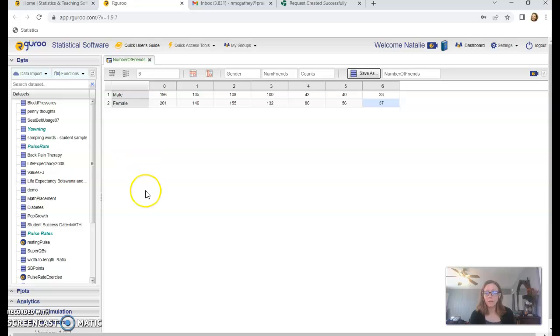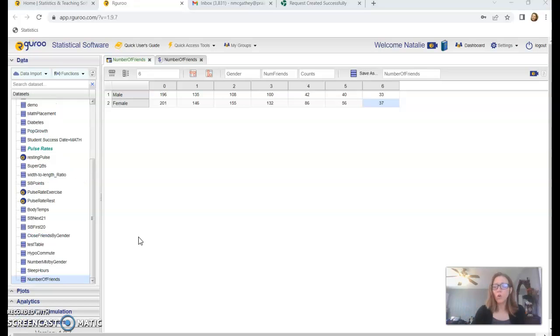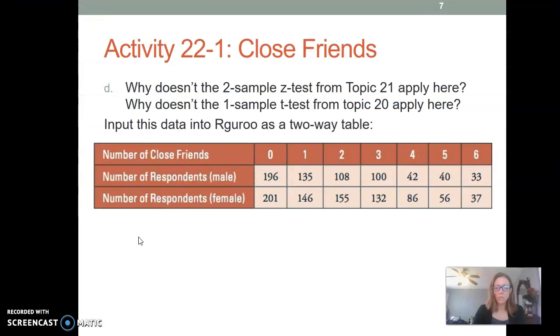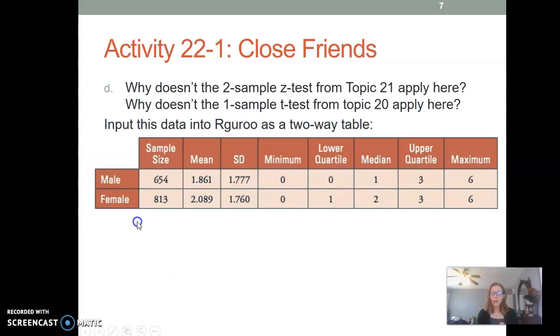We can go ahead and look at the summary statistics. What I got was there were 654 men and 813 women that responded to the survey.